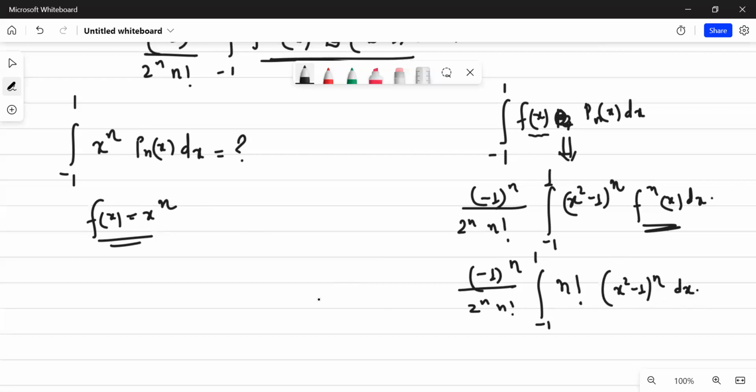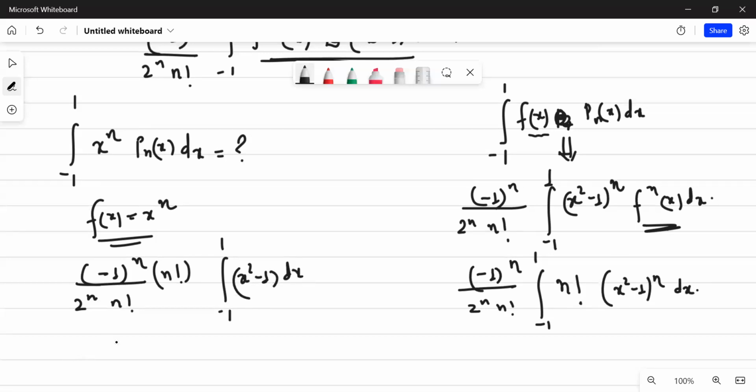Is that clear? And this means it is equivalent to writing (-1)^n upon 2^n n factorial into n factorial from -1 to +1 of (x² - 1)^n dx. What you can do, you can take -1 from here, so it will give you 1 upon 2^n, the integral from -1 to +1 of (1 - x²)^n dx.